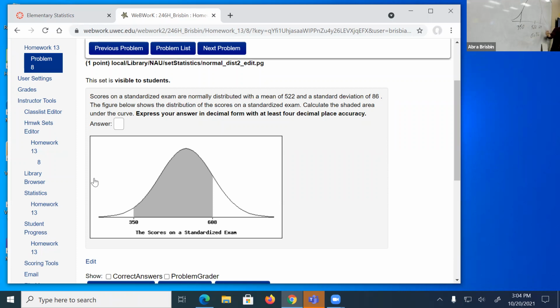So for me, that's going to be 608. What should I put in for the third argument? The mean, 522. And the fourth argument? The standard deviation, sigma, so 86.